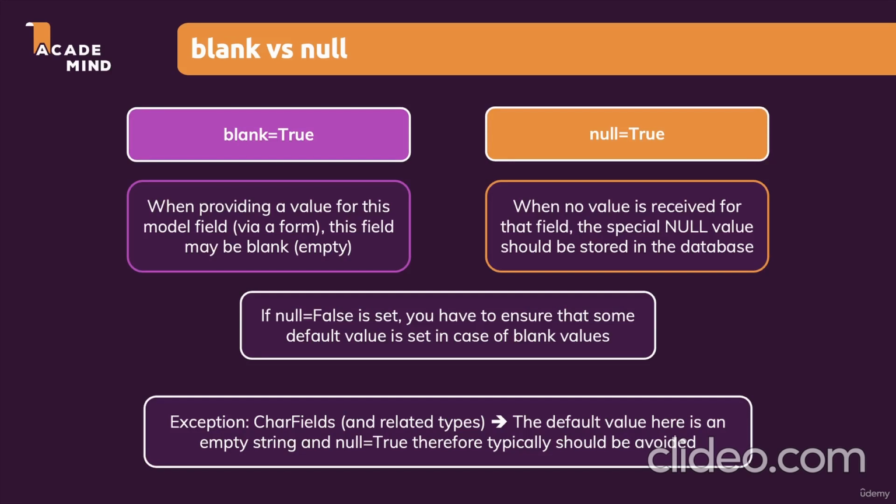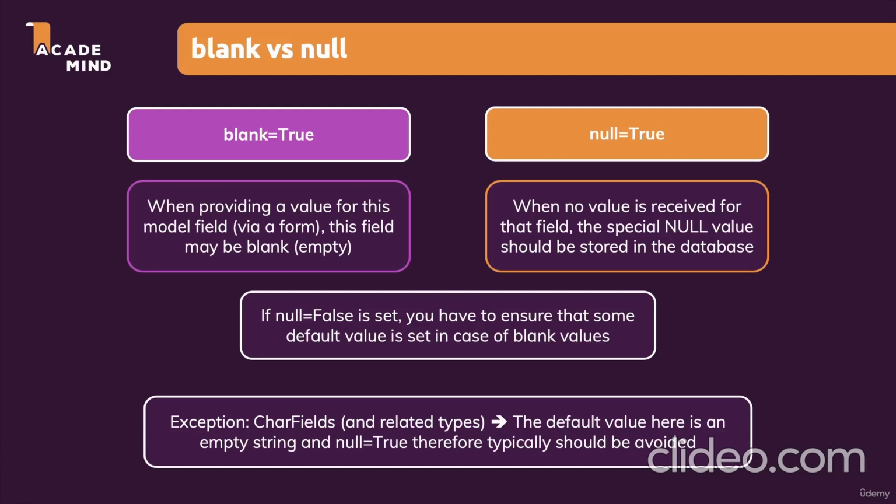That's why you have to explicitly set null equal to true to tell Django that a given field for a model might not receive a value because of blank equal true, and that in such a case, this null value should be stored and allowed, so that this null value, this special value, is stored in the database.